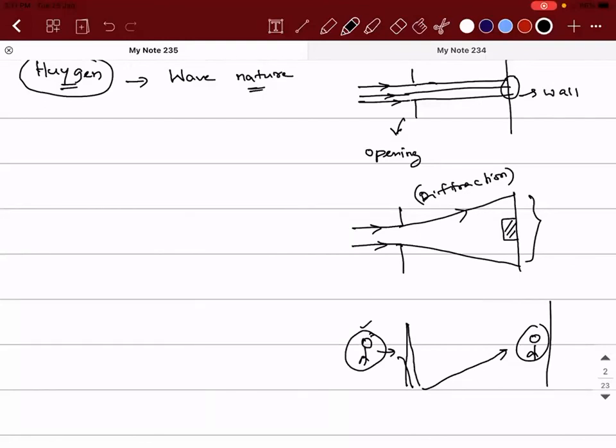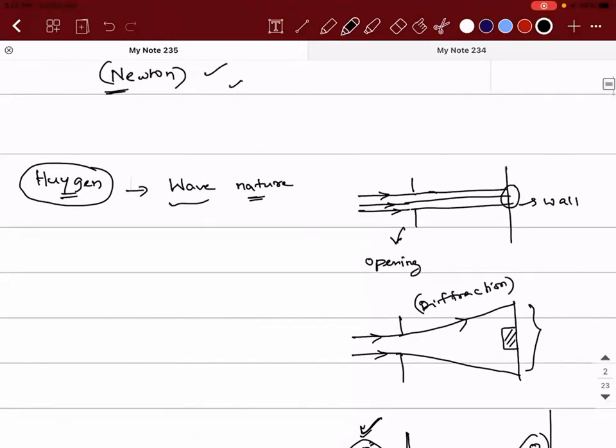Diffraction is nothing but something similar to refraction, however you want to pronounce it. It means that the wave will start bending when it hits an obstacle. This was the principle observed by Huygens, and he proposed the wave nature of light. But at that point of time, people were not ready to believe, because Newton was a big hand at that instant.